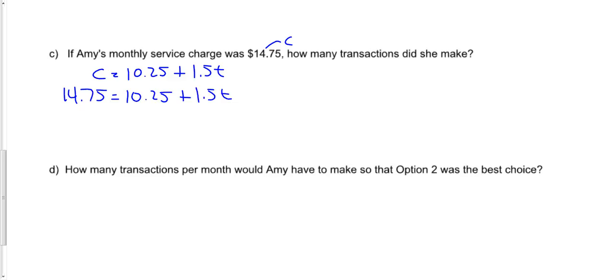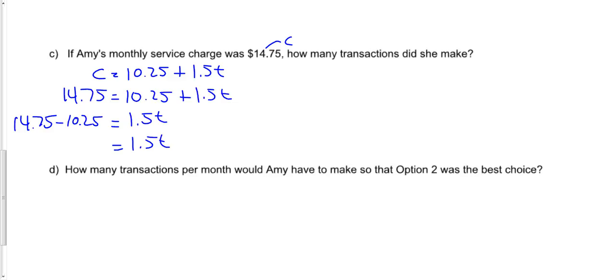So I'm going to subtract 10.25 from both sides, and I'm going to get 1.5T is equal to 14.75 minus 10.25.